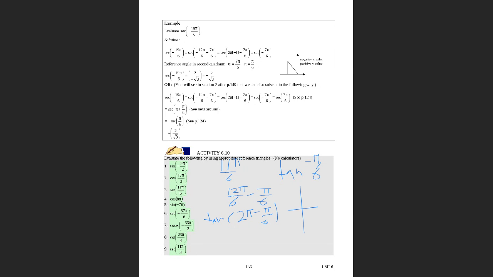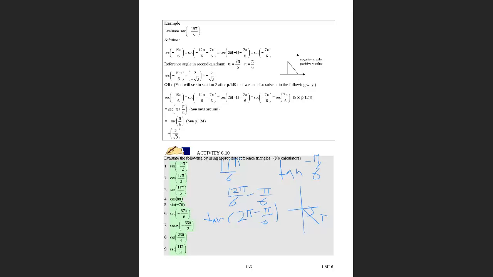If we draw our Cartesian plane, we are going to see that this angle is going to be here in this quadrant because it's negative.